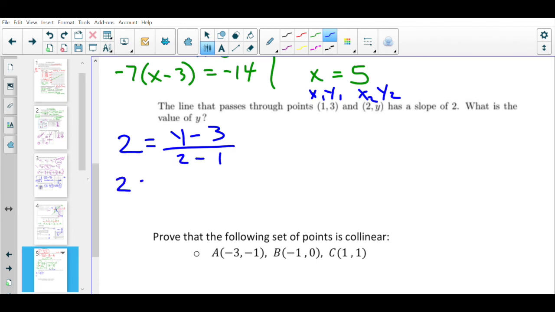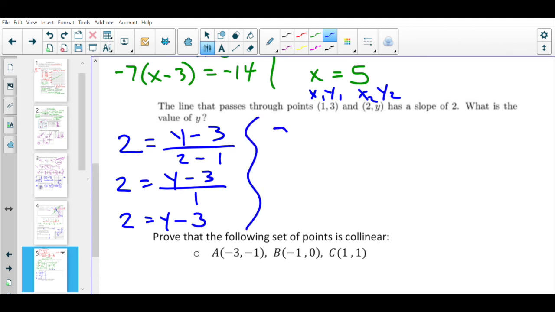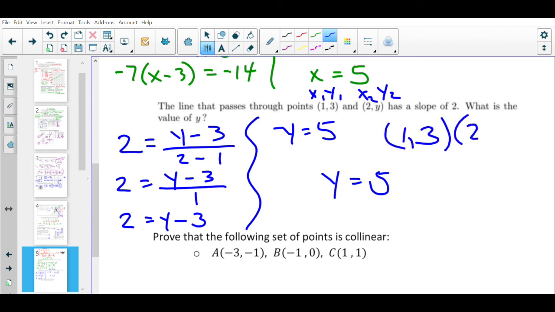So let's simplify a little bit. 2 equals y minus 3 over 1. So that is just 2 equals y minus 3. Let's add 3 to both sides, so that's y equals 5. So your y value is 5. So 1, 3, and 2, 5.